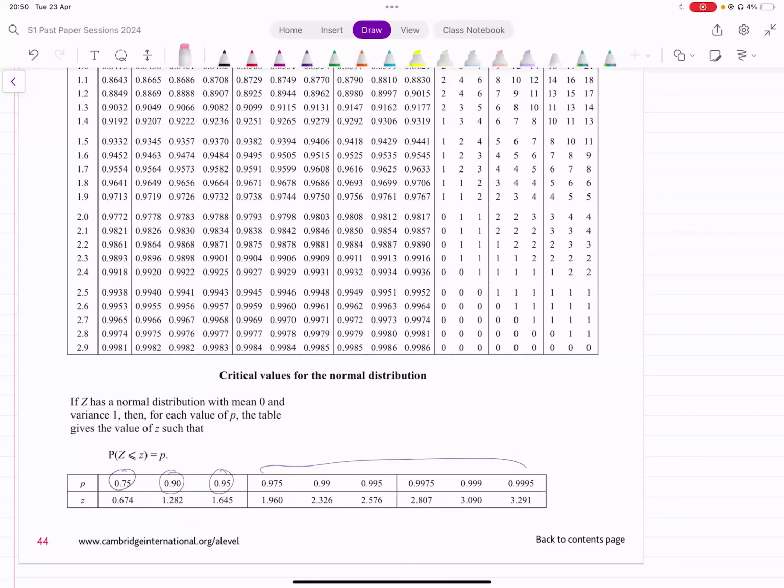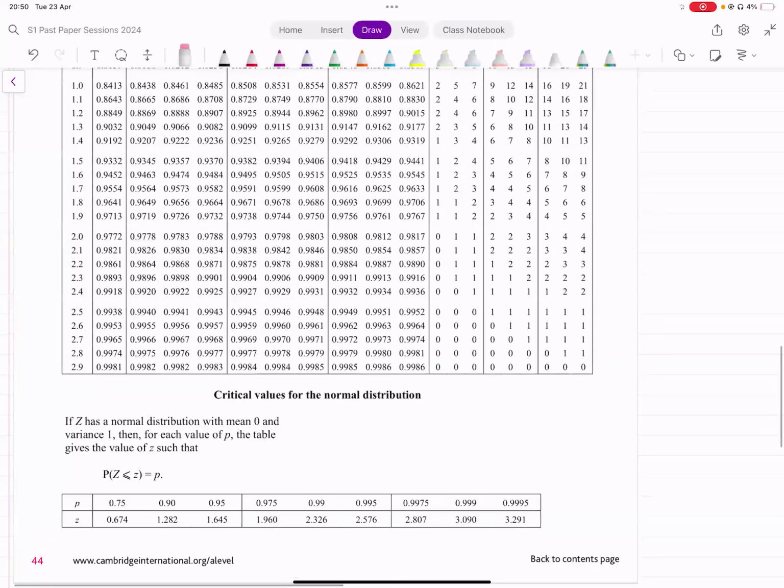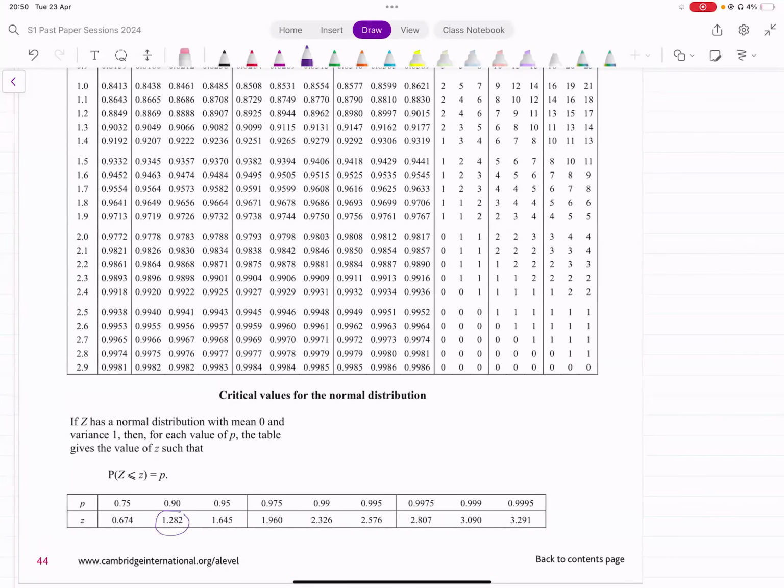If you get one of these, you can just use this value directly. From the table as well, you get the same value. When probability is 0.9, the corresponding z value turns out to be 1.282. They have written this value separately here as well, so you can just use this. Let's use that here.